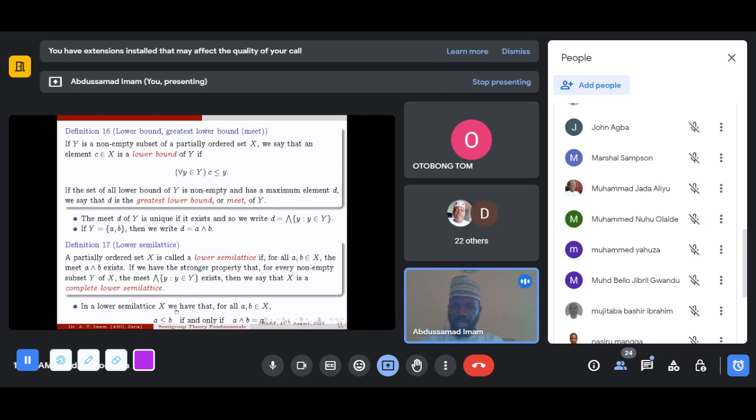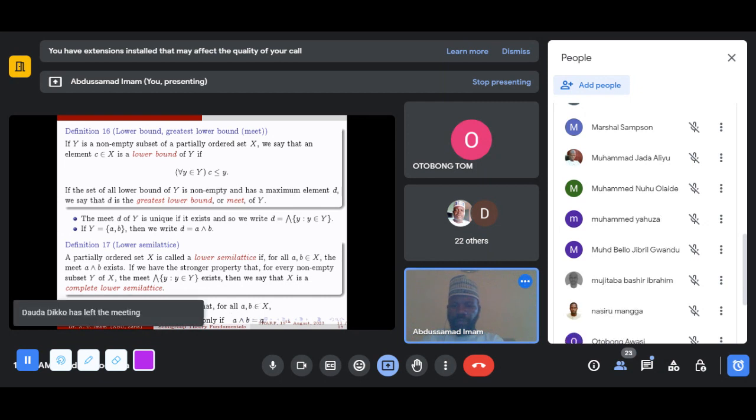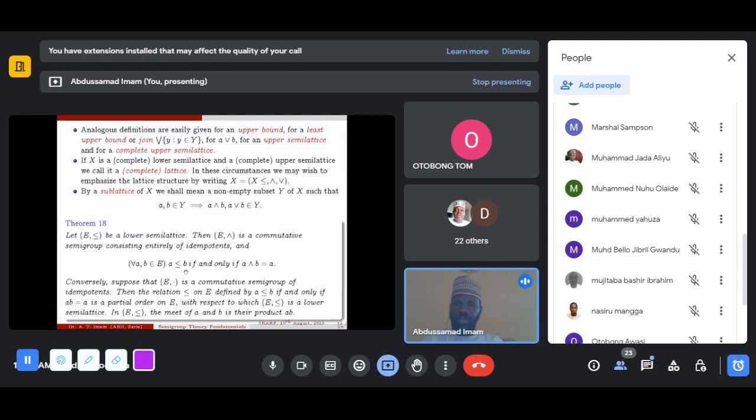Now, in a lower semilattice, because it is a partially ordered set, you can talk about A less than or equal to B. So we have that A is less than or equal to B if and only if the meet is equal to A. This is just an immediate observation arising from the definition of lower semilattice.